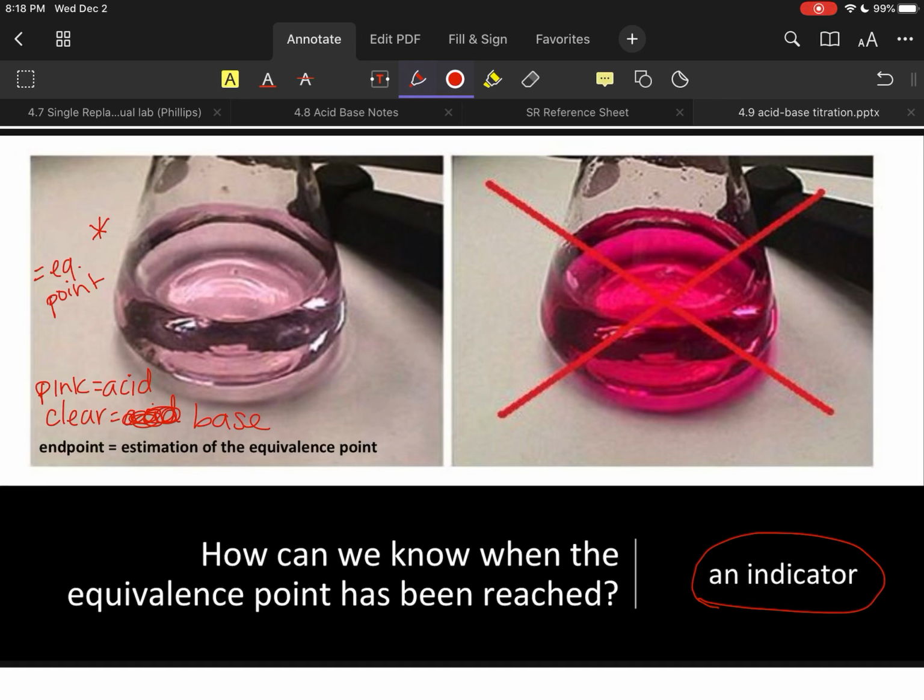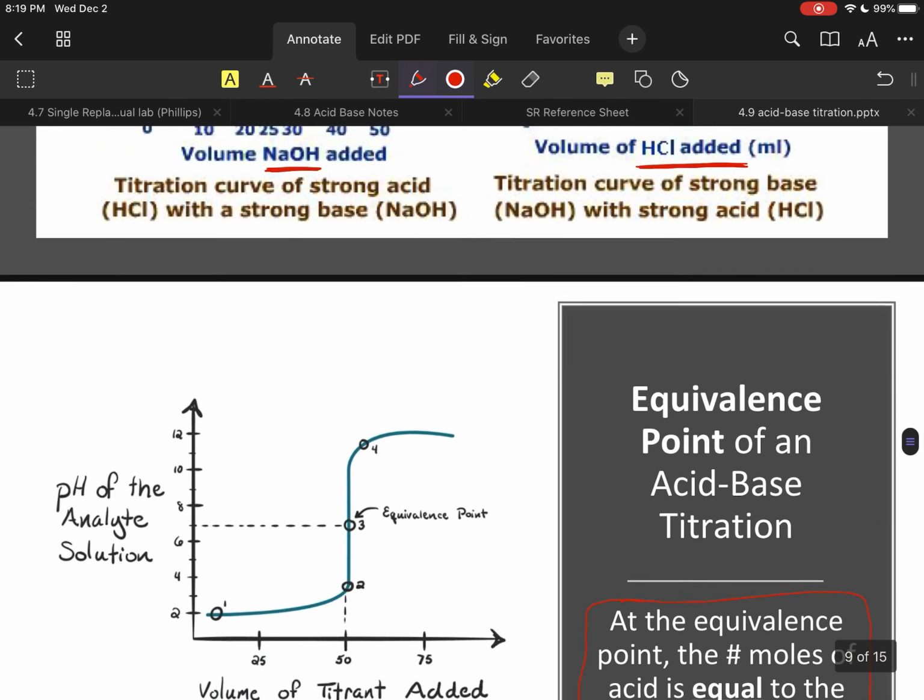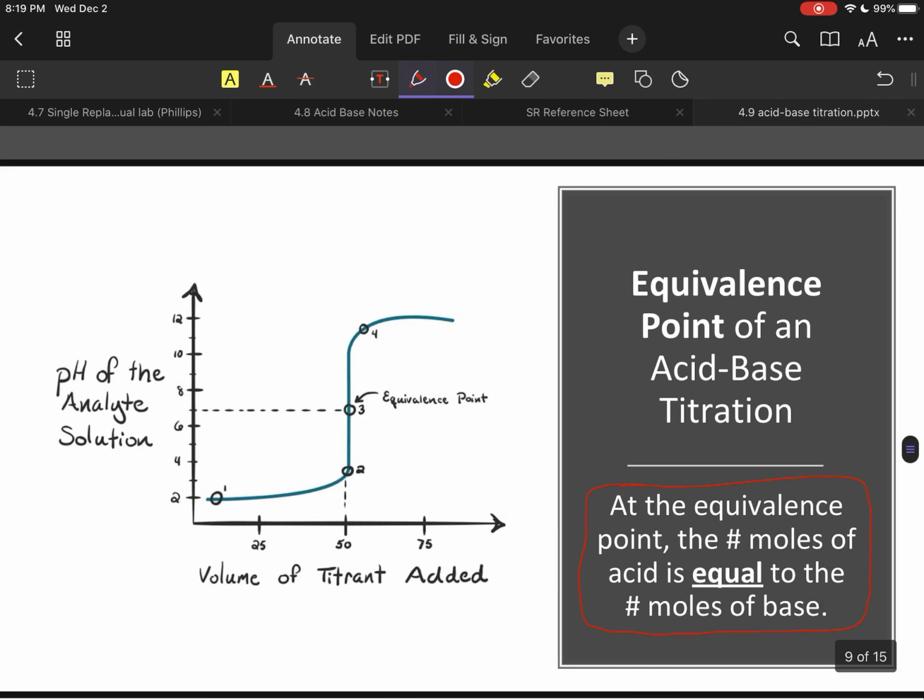If I get this really dark pink color, basically now I have just a full-on acid solution, and I don't know how much more acid I have than base, so I've passed that point. I've added too much past this equivalence point.